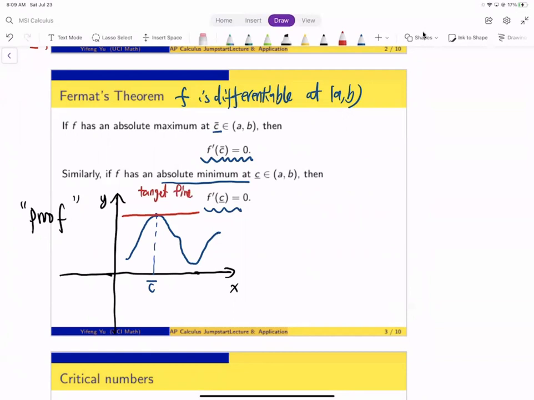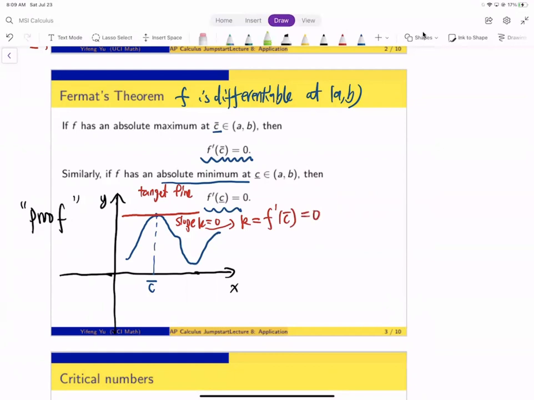Horizontal means the slope k equals 0. But how do you calculate the slope? By the geometric meaning of the derivative, the slope is exactly given by the derivative at the point. So we get that this equals 0.